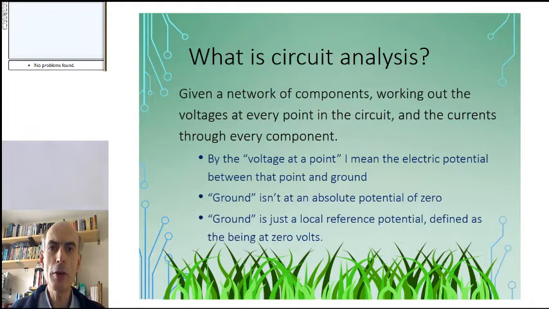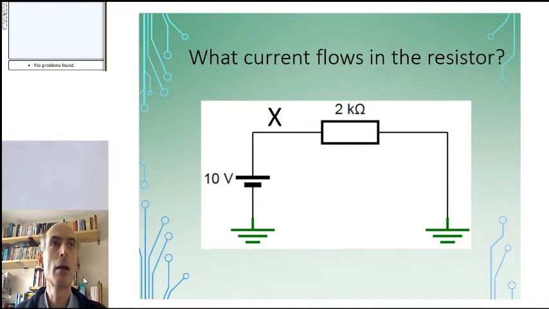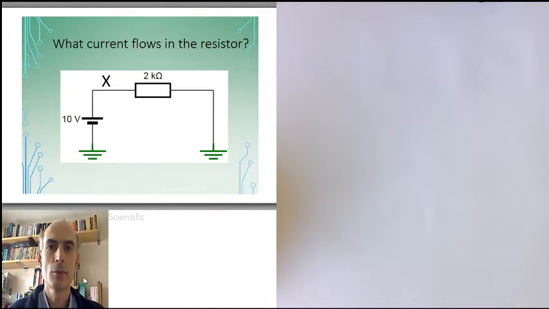Now, we've already been doing circuit analysis in the sense of working out what the voltages and currents are given a circuit. I'll just recap a couple of simple cases. This one. What current flows in the resistor? Well, it's just Ohm's law.